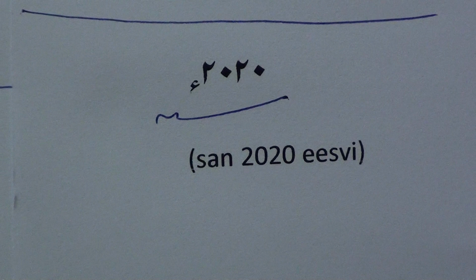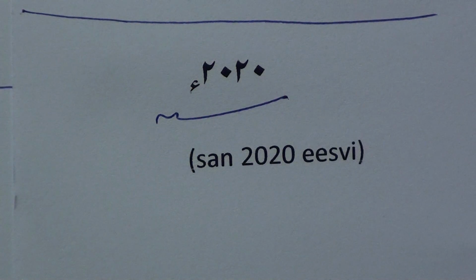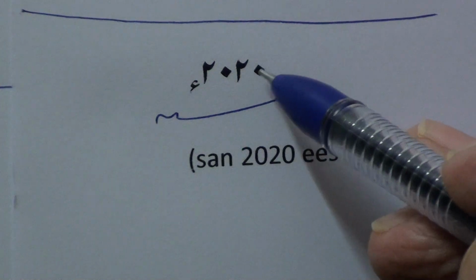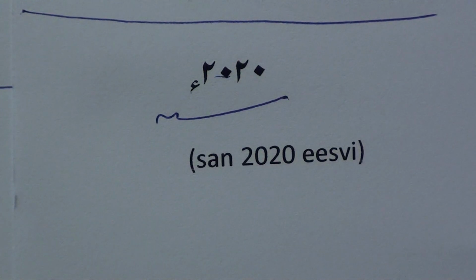And here you are looking at this sign, and it is read as सन 2020 ईस्वी. That is 2020 AD. Year 2020 AD.